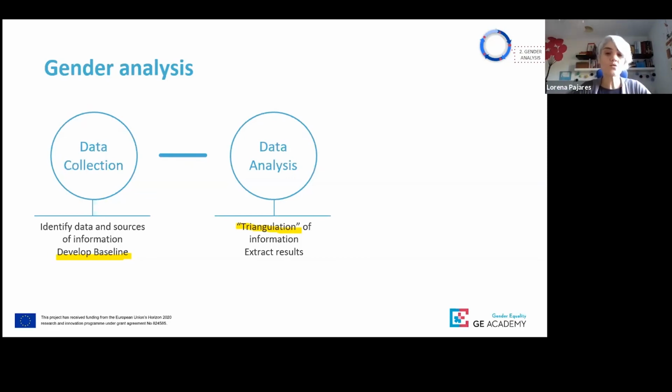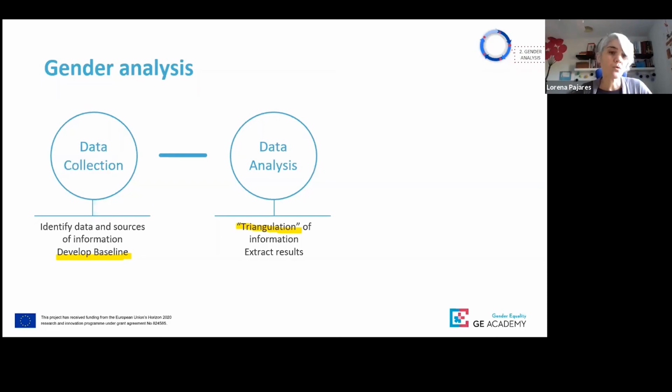Triangulation is to develop a more comprehensive understanding of the issue that we are analyzing, which does not necessarily mean just to cross-check data and put one against the other just to confirm if one thing is correct or not. It's not about that, okay? It's about increasing the level of knowledge about something, looking at it from different perspectives and with different methods, and that's it. So it's like gaining insights on an issue, okay?